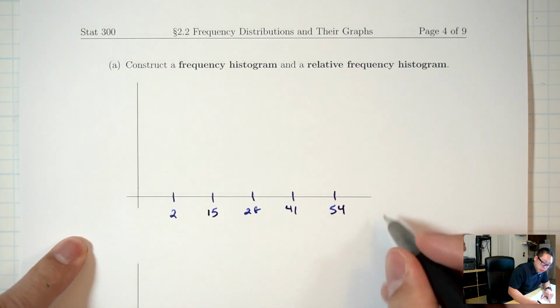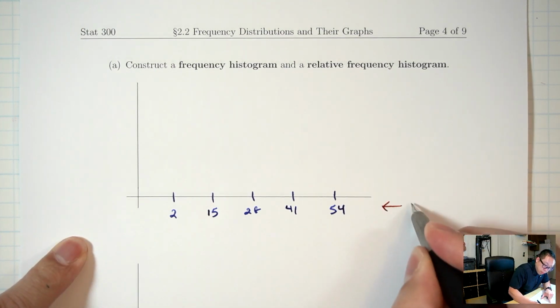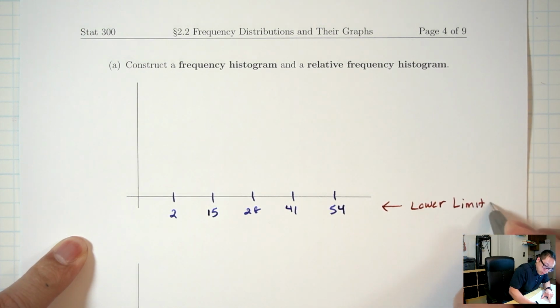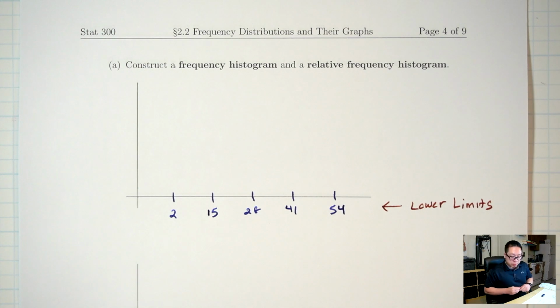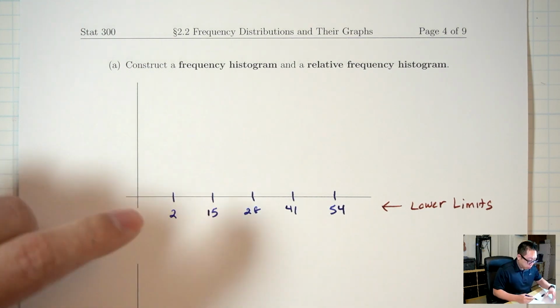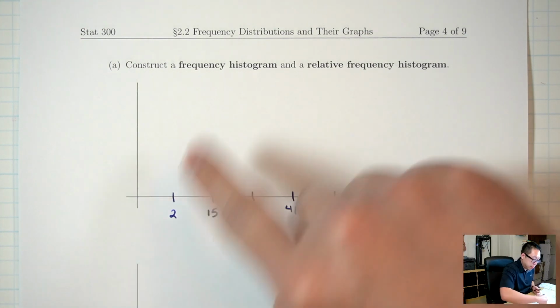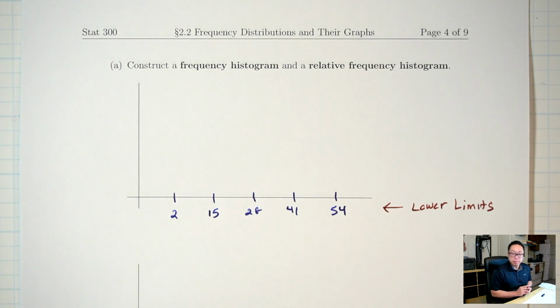These are the lower limits. So first, let's do the frequency histogram. So frequency histogram is just telling me that I should put frequency on the y-axis.